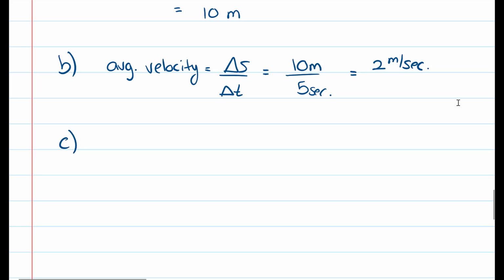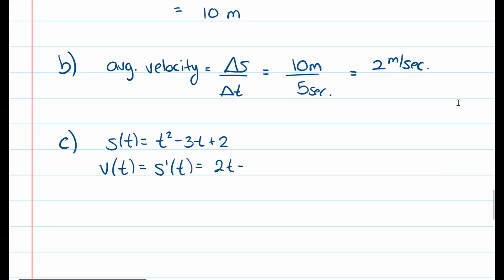For part C, we have S of t is equal to t squared minus 3t plus 2. And I want to find my velocity, which is given as the derivative of position. And the derivative of position is 2t minus 3. And now I want to know my velocity at 4. So I get 2 times 4 minus 3, which is going to give me 5 meters per second.